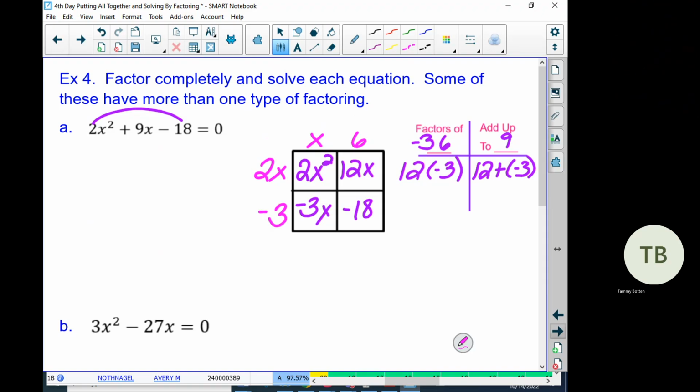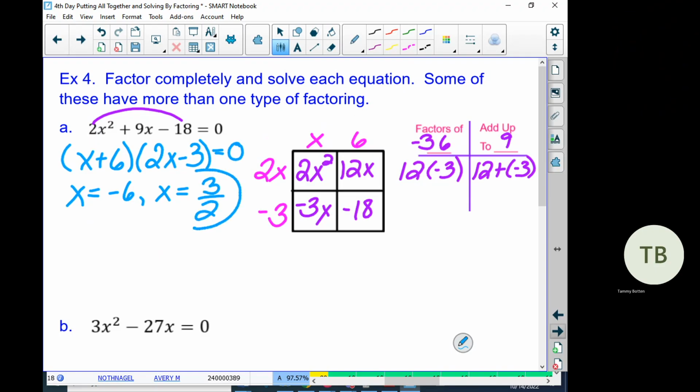All right, so now if I go over here, one of my factors is x plus 6. One is 2x minus 3. Now, x here would be the opposite of that, which is -6. X here would be the opposite of this divided by that, so a +3/2.